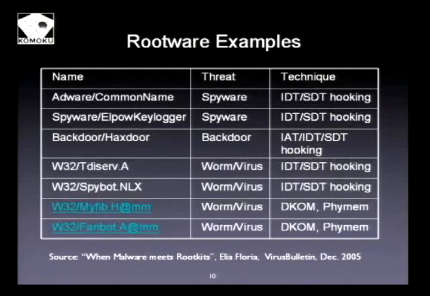The bottom 2 are somewhat unique in that they're loading themselves by writing directly to physical memory, so they're not going through the Windows driver API. And they're also using DKOM, which, again, is a step up from your standard basic rootkit techniques, if you will.